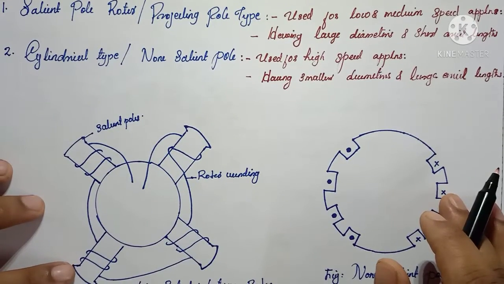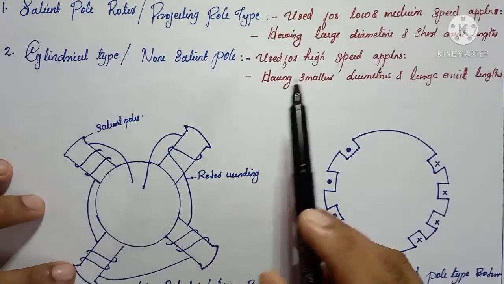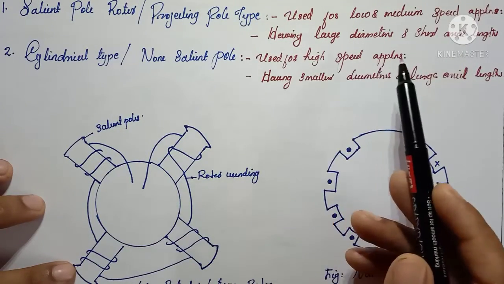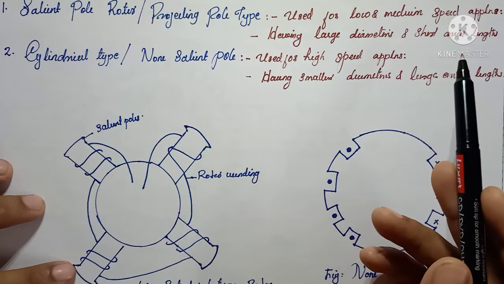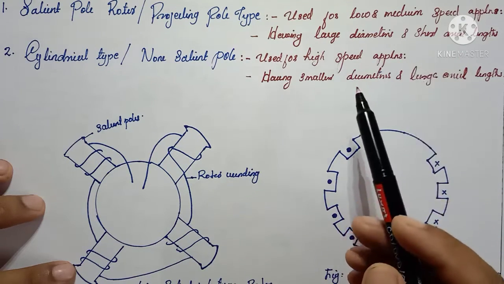alternators. Okay, in salient pole type machines it is very important that they have a large diameter and short axial length, so they are used for low and medium speed applications.